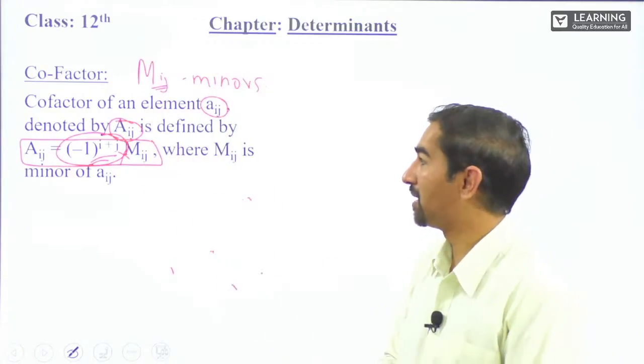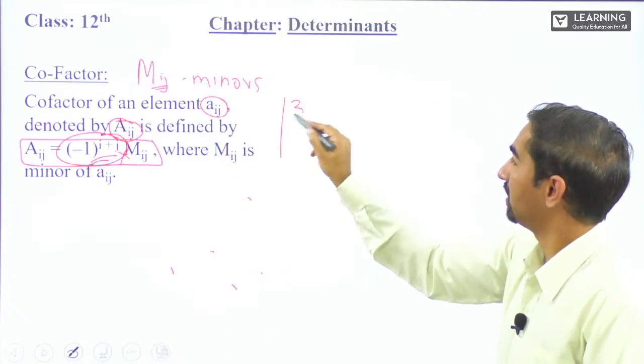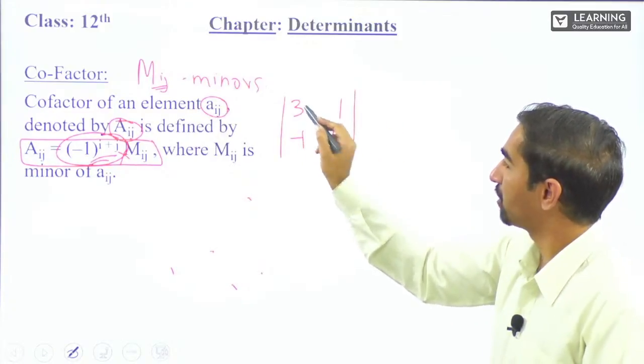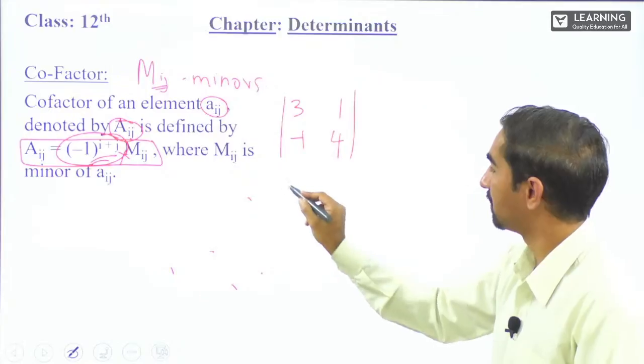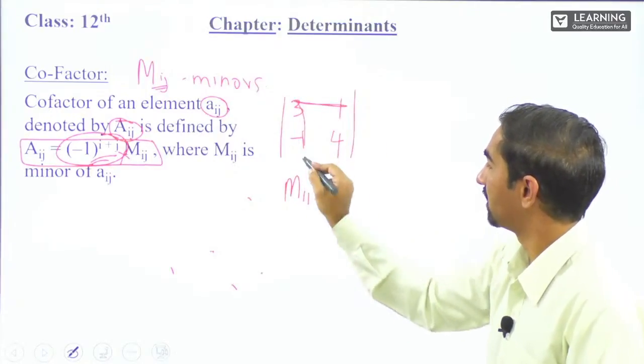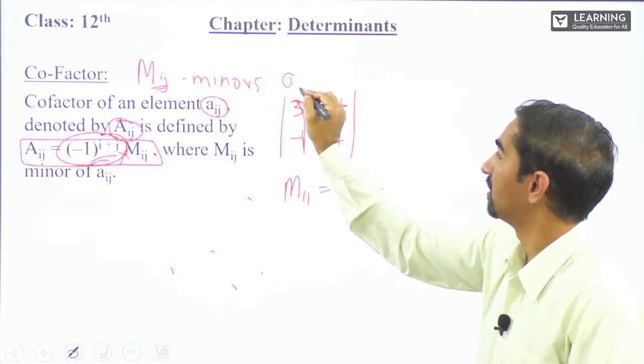So for example, now let us take another example of 2 cross 2: 3, 1, minus 1 and 4. What is the minor of 3? The minor of 3 is M11, so these both are deleted. What is remaining? 4. Which element is this? A11.